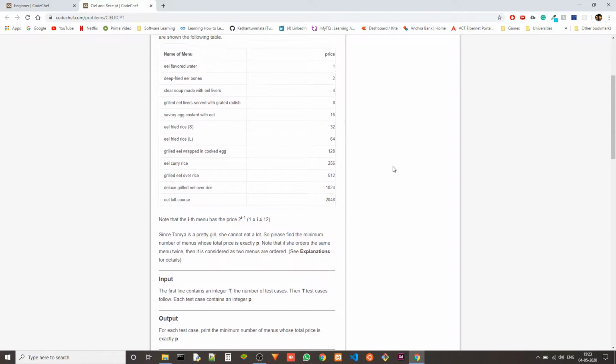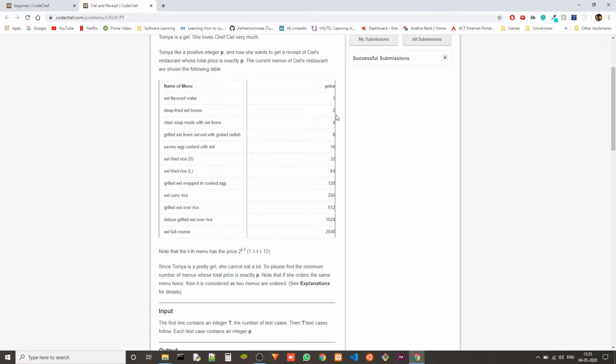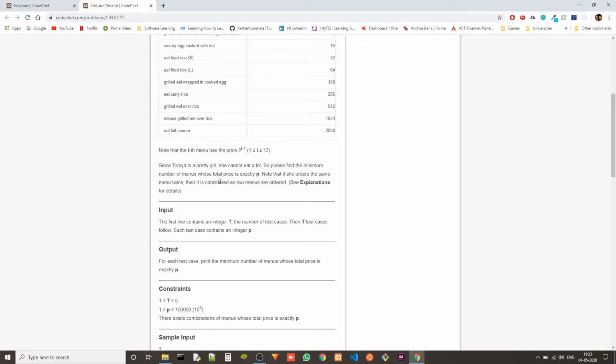So basically, the first item's price is 2 power 0, the second item's price is 2 power 1, the third item's price is 2 power 2, and so on till the 12th item's price, which is 2 power 11. Now, since Tomia is a pretty girl, she cannot eat a lot. So please find the minimum number of menus whose total price is exactly p.